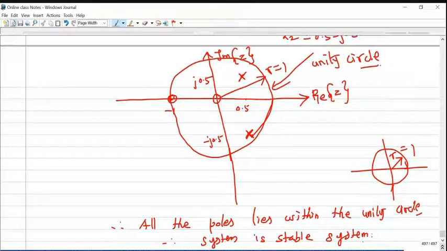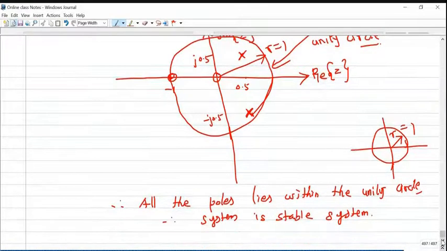Okay. How to identify whether the given LTI system is stable or not? This is the procedure. If any pole lies on the unity circle, it is unstable. Please remember that. Do it carefully.